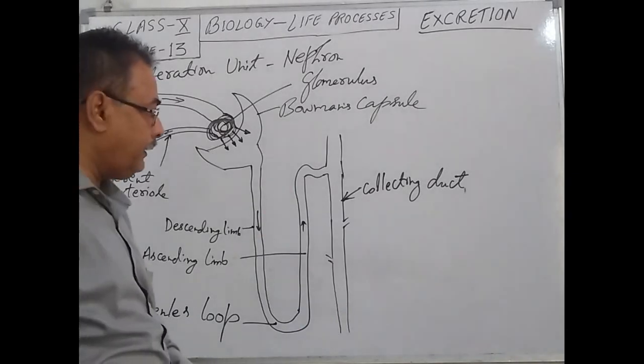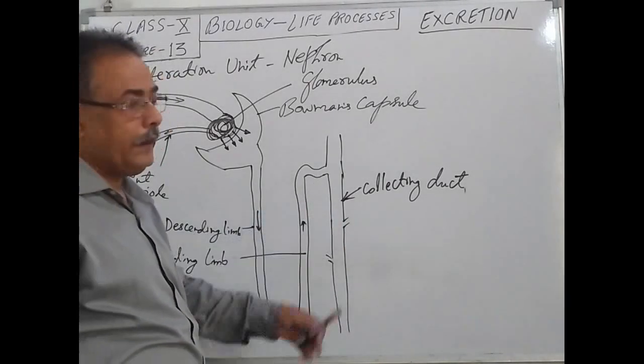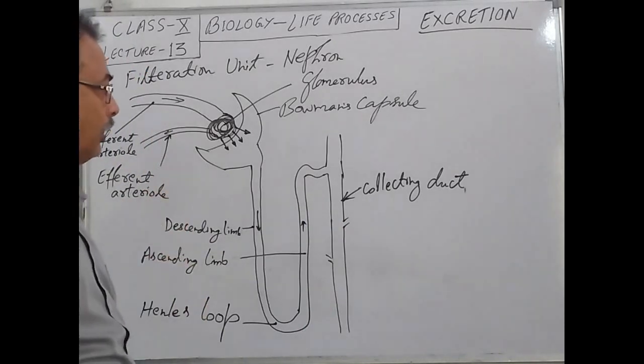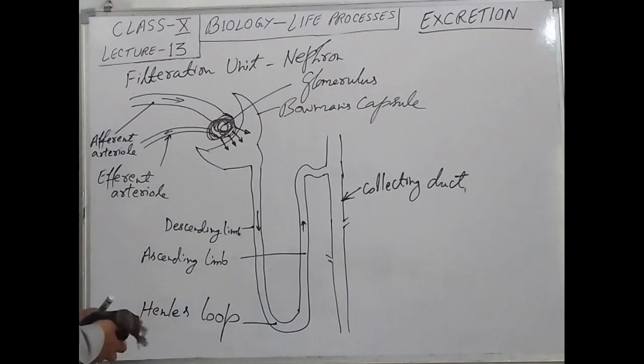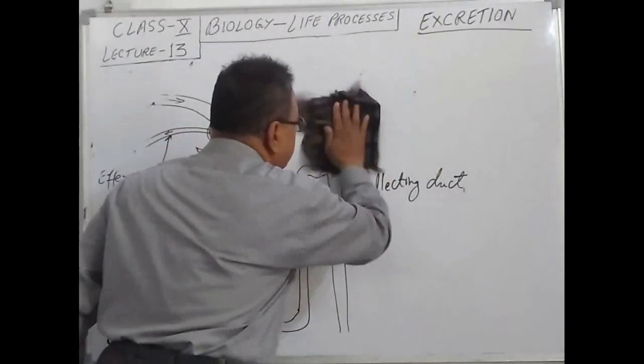And ultimately, when it comes to the collecting duct, it is in urine form. The main purpose of urine formation is to filter the blood.